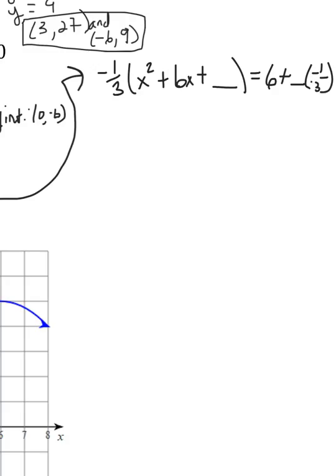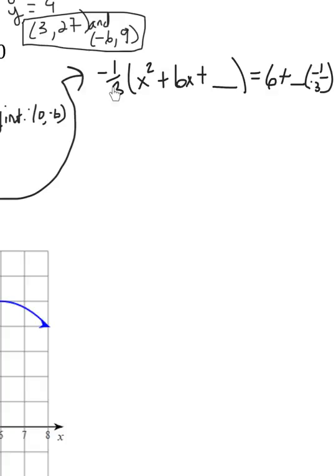Before I complete the square, I wanted to show you how I set this up. I have a negative 1/3 as my coefficient out here on the outside, which is the negative 1/3 I factored out. Then I have x squared plus 6x plus, and now I need to complete the square right here, so I'm going to have to put a number here that completes this square. I'm also going to add that same number here.